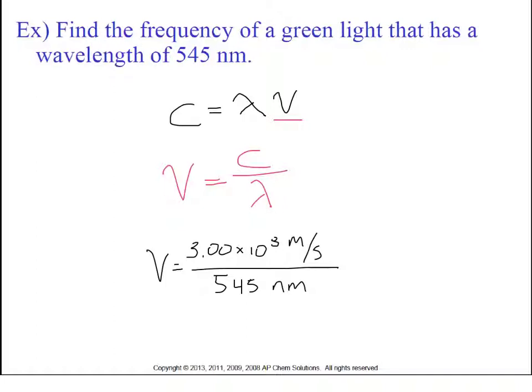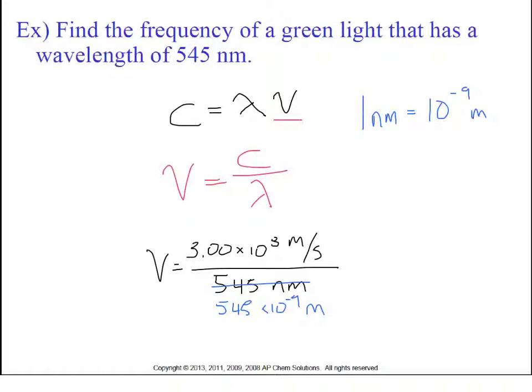All right, and 1 nanometer is equal to 10 to the negative 9th meters. And so you can lay down the stoichiometry if you want to, but we're going to multiply 545 by 10 to the negative 9th. And so we can just rewrite this as 545 times 10 to the negative 9th meters. And there's our conversion right there.